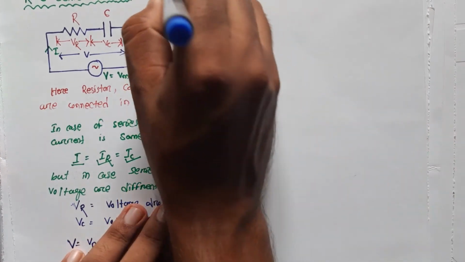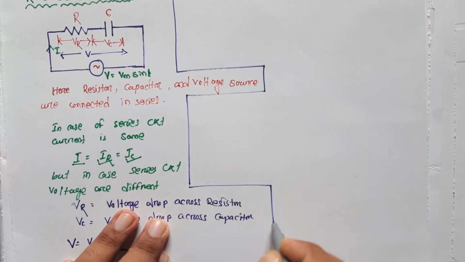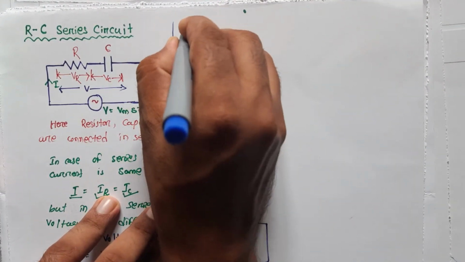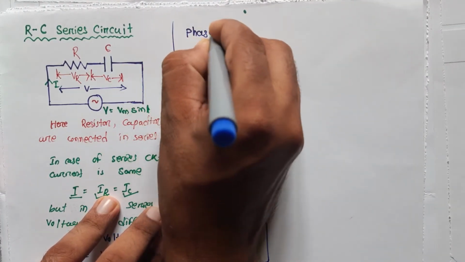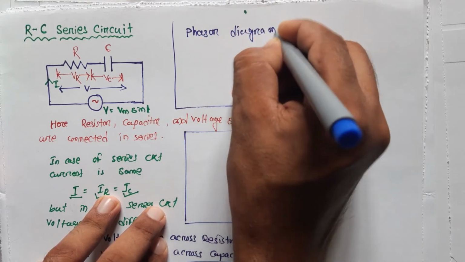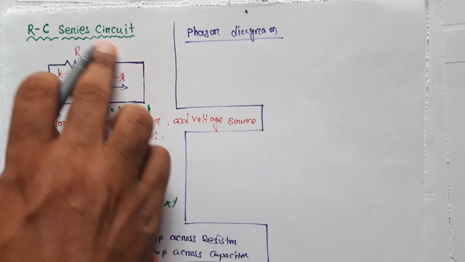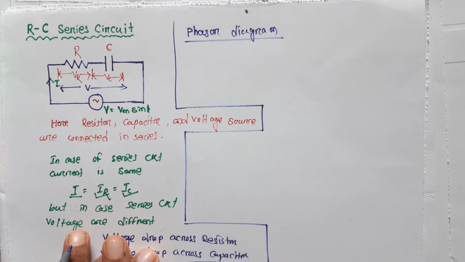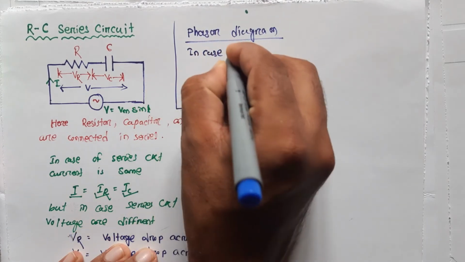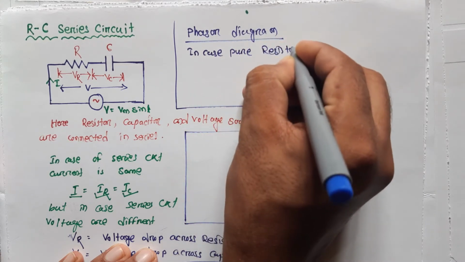Next we go to the phasor diagram of the RC series circuit. Before going to the phasor diagram of the total RC circuit, first we consider the case of a pure resistor.